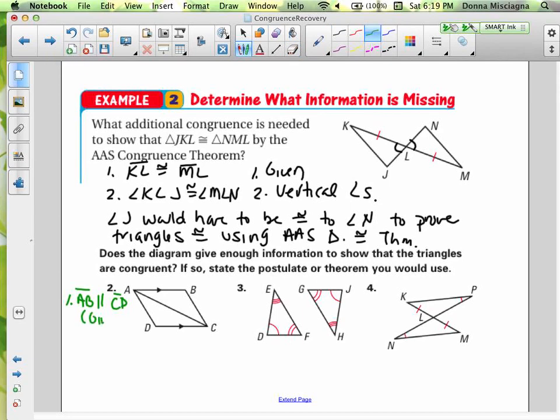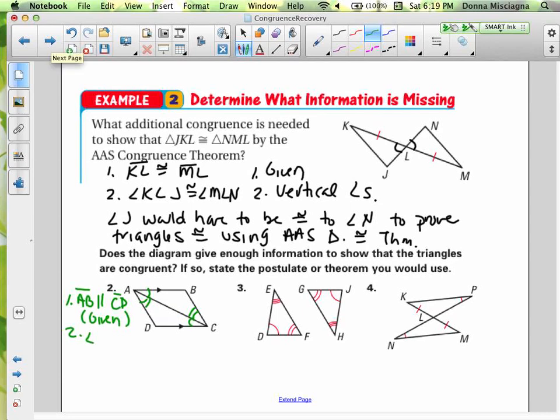If that's true, we know that this angle would have to be congruent to this angle, and this angle would have to be congruent to this angle.